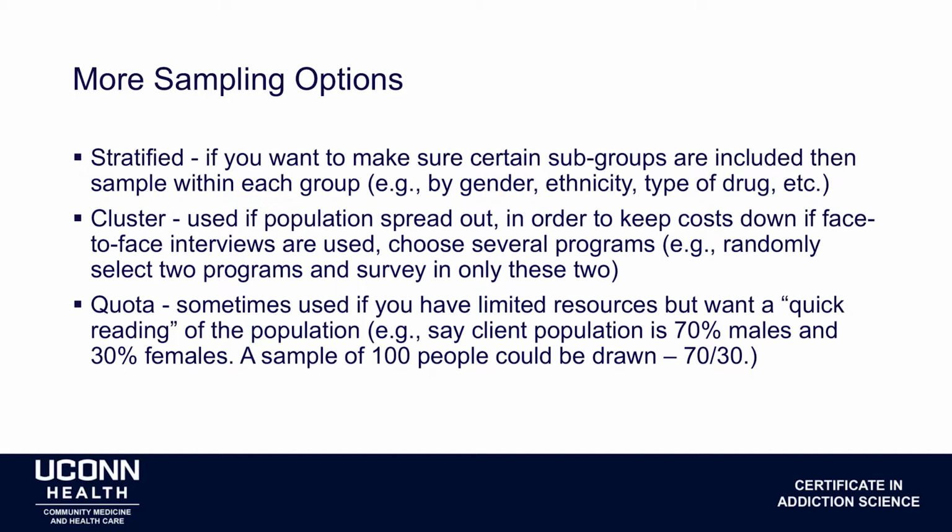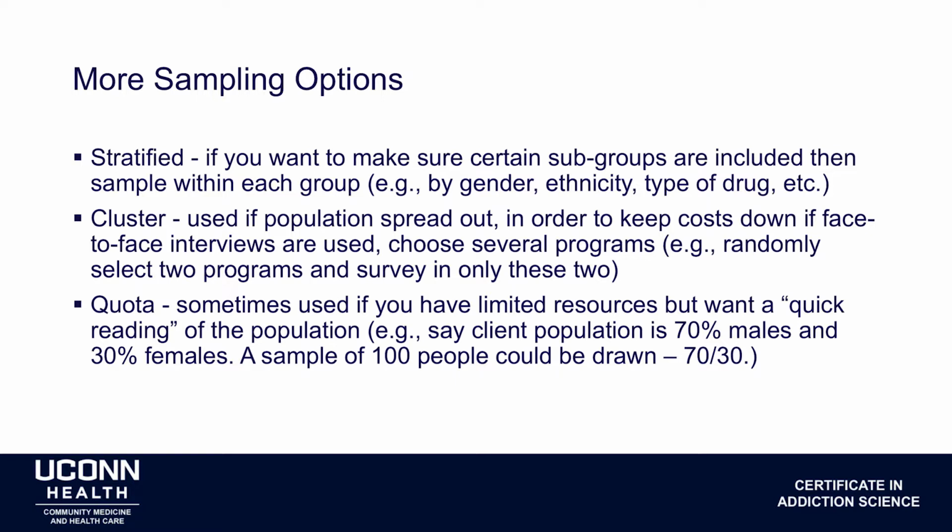You may want to sample equally from different ethnic groups so you can make comparisons across your different types of program clients. Similarly, if you have more males than females, you may want to equalize the number by stratifying according to gender or by type of drug.